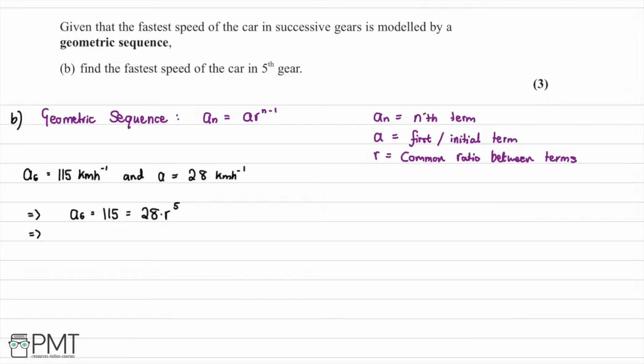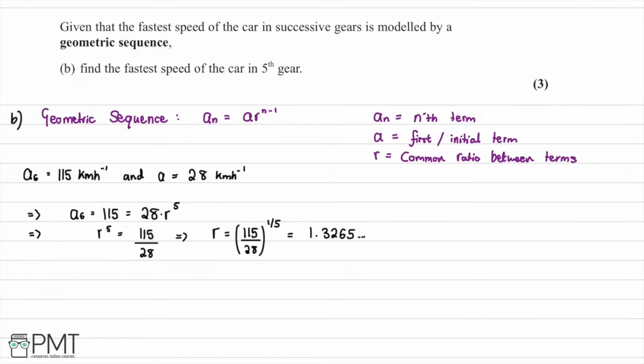So r to the power of 5 is equal to 115 divided by 28. We then take the fifth root to find r on its own, so that's 115 divided by 28, all to the power of 1 over 5. Putting this into our calculator, this comes out as 1.3265, and so on.